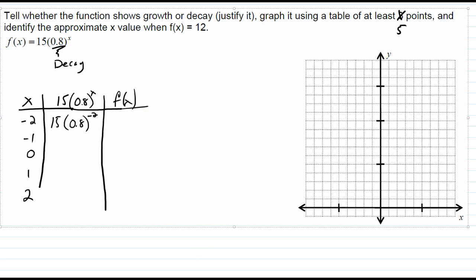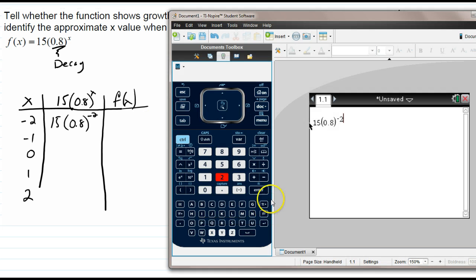You want to make sure that when you're using your calculator and you plug it in, it looks just like what you want it to. 15 times 0.8 to the -2 power gives us 23 point, since we're going to graph this, we'll just round to the tenths place, 23.4. And then go ahead and finish your table.